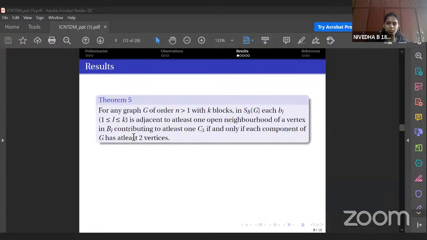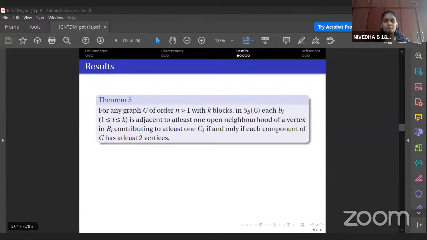And the next is more on the structural properties of SB of G. This theorem states that for any graph G of order n greater than 1 with k blocks in SB of G, each B_L is adjacent to at least one open neighborhood of a vertex in B_L, contributing to at least one C3, if and only if each component of G has at least 2 vertices.